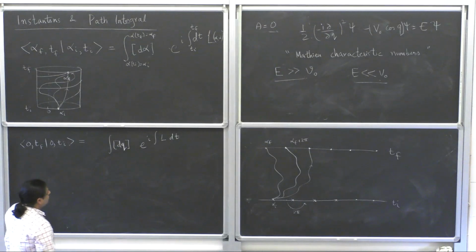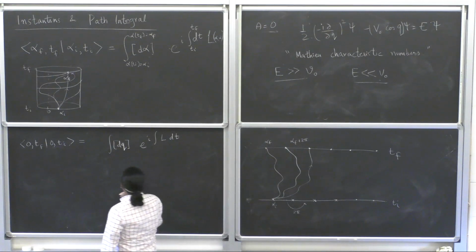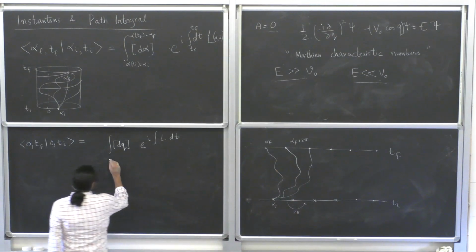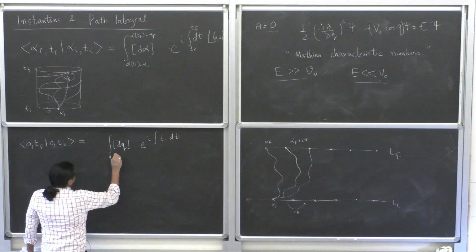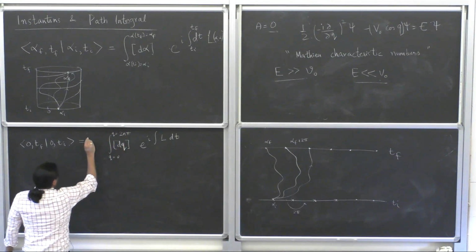But now we have to sum over all possible values of q. So q going from 0 to 2 pi. So this would actually be boundary conditions q equals 0 to q equals 2 pi n, and we'll sum over n.